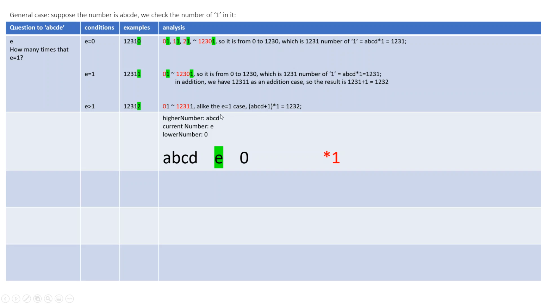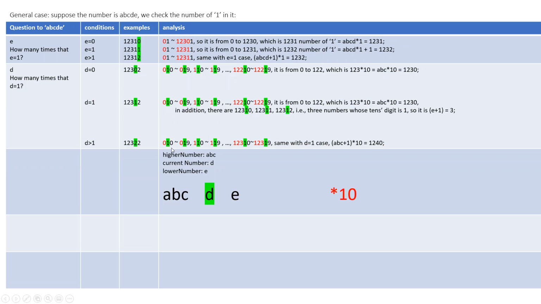That is the first case. Let's look at the D case. For D, it also includes three conditions: D equal to 0, 1, and larger than 1. Suppose it's 0. We would also like to answer this question: how many times is D equal to 1? We look at the smaller numbers.